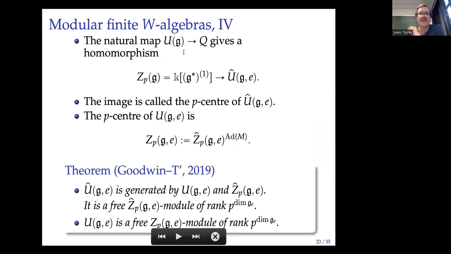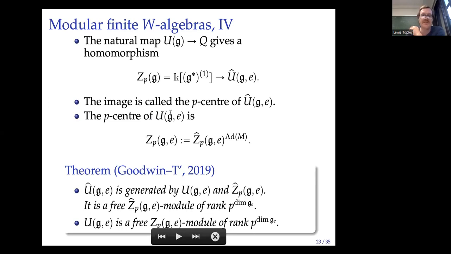So what is the p-center of a modular finite W-algebra? Well, the p-center in the enveloping algebra can be mapped down into Q. And because the image is definitely invariant under the adjoint action of M, ad M, it follows that we get some central elements in Û(g,e). And the image is called the p-center.